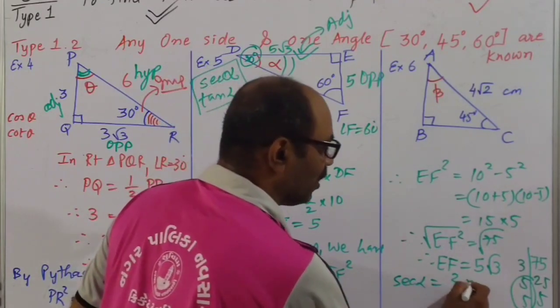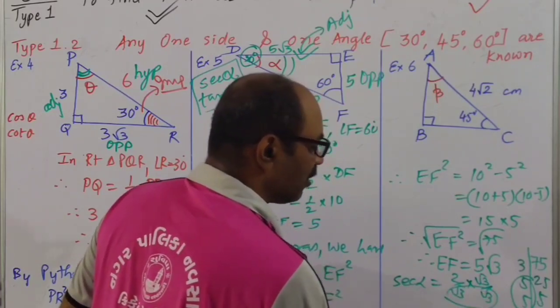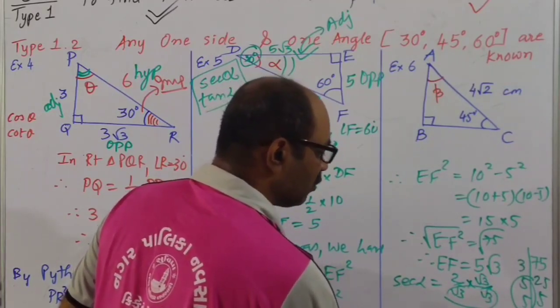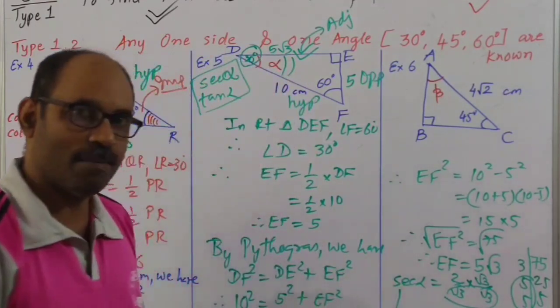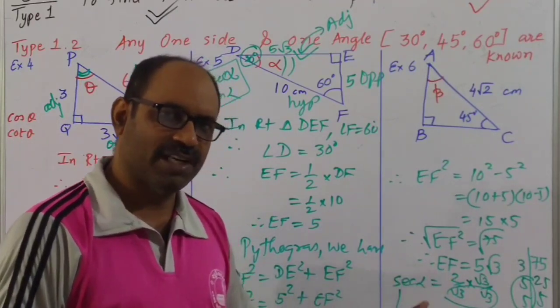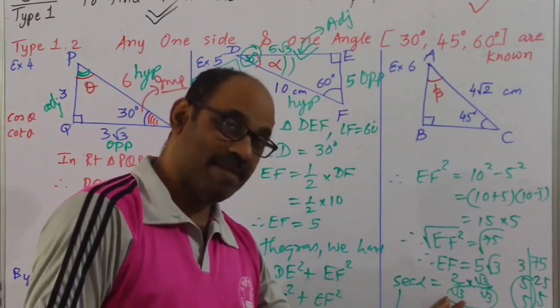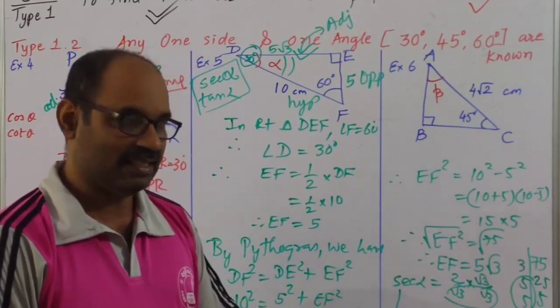Here you have to multiply and divide by root 3. You have to rationalize the denominator. So that is 2 root 3 upon 3. So sec alpha is 2 root 3 upon 3. Even if you leave it in this form, 2 upon root 3, it's okay. But you should always remember, roots are not to be kept in denominators.